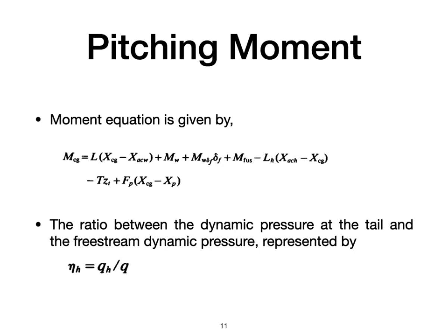For a static trim condition, the total pitch moment must be equal to 0. This produces a term representing the ratio between the dynamic pressure at the tail and the free stream dynamic pressure, that is, eta h equals qh by q.